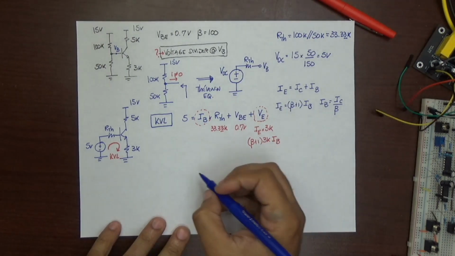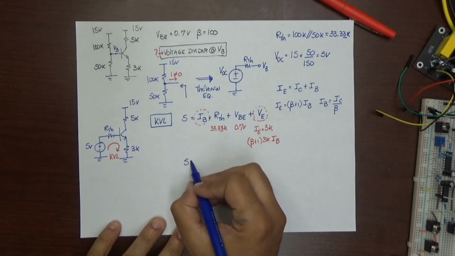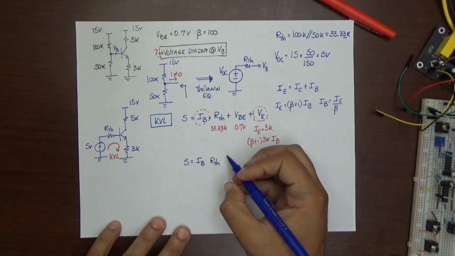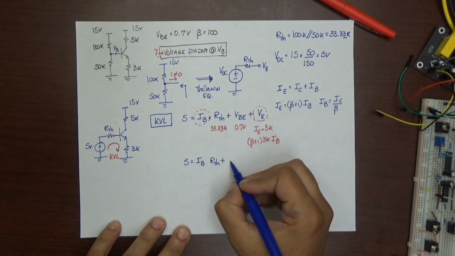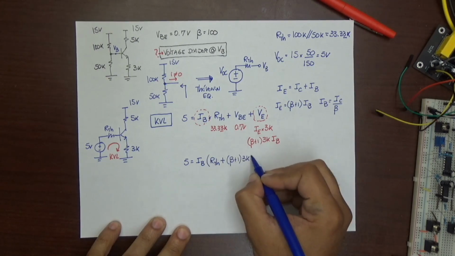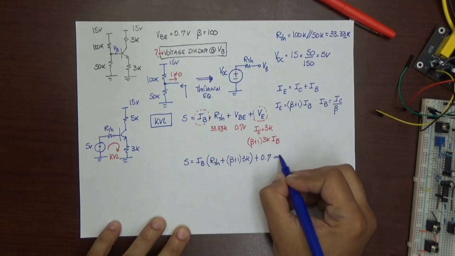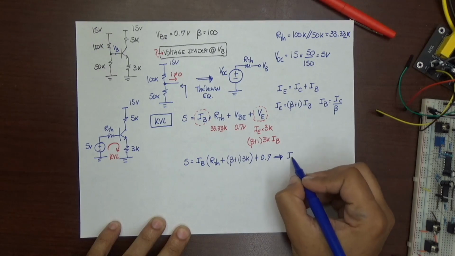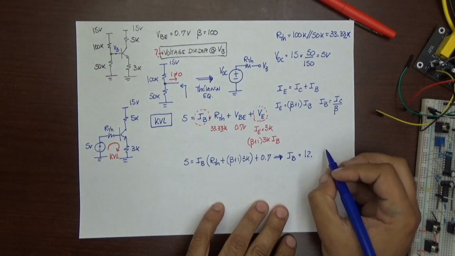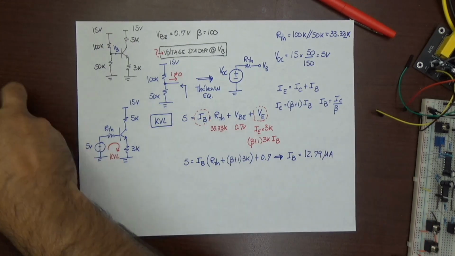So I can rewrite this equation and find the common factor, IB, factoring these things together. Now if I rearrange that equation to find IB, you're going to get an IB of 12.79 microamps. Let's highlight that answer.